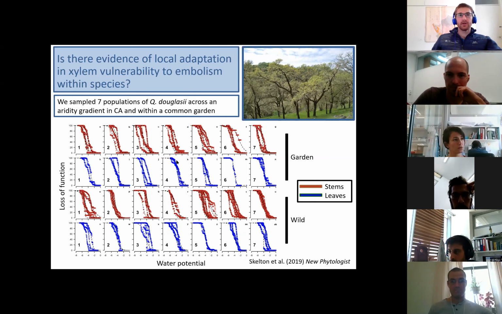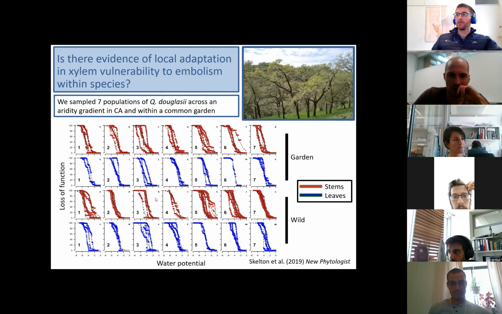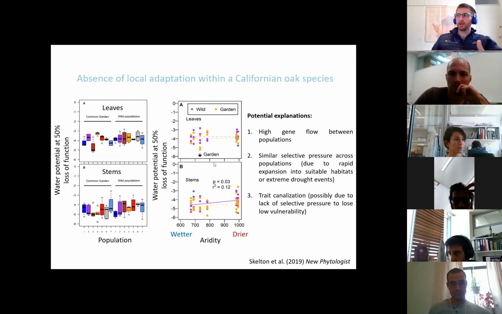These are 7 different populations from along California, in this one species, the blue oak. We have these 7 populations in a common garden and in the wild, and we see that there is variation within these populations, but when we compare the populations, it doesn't seem to be any regard.